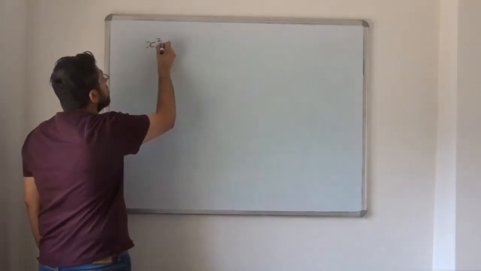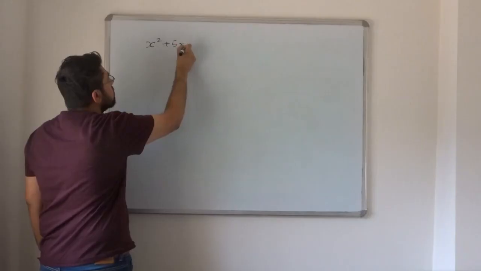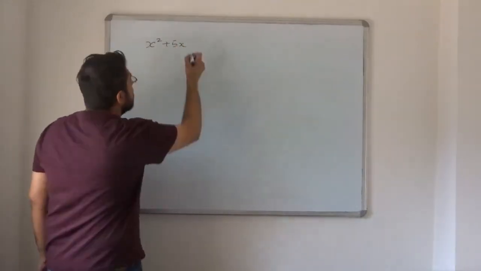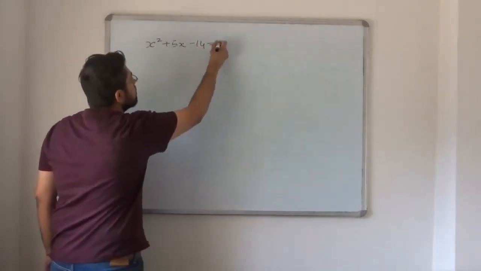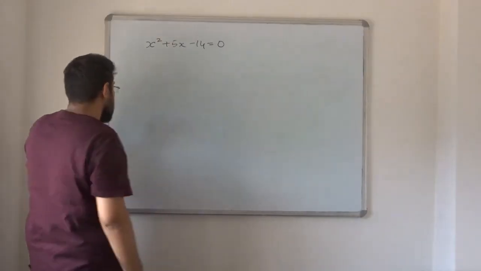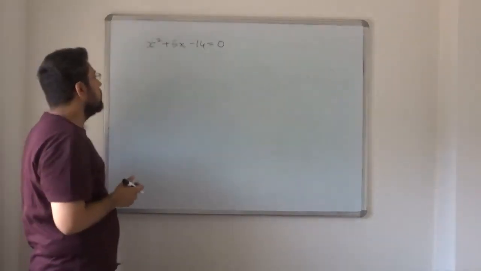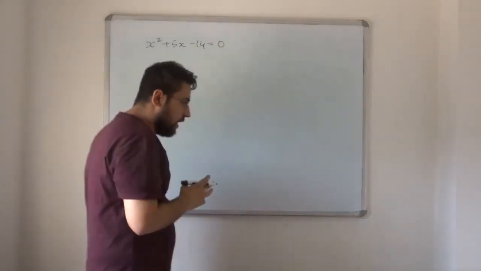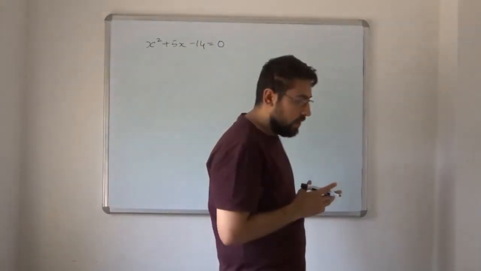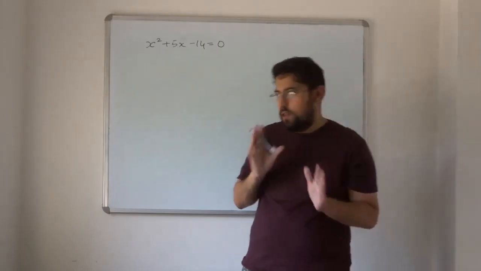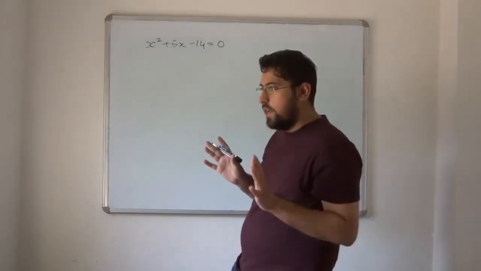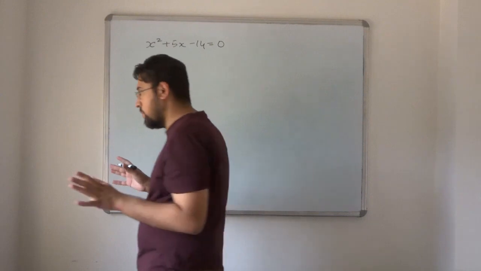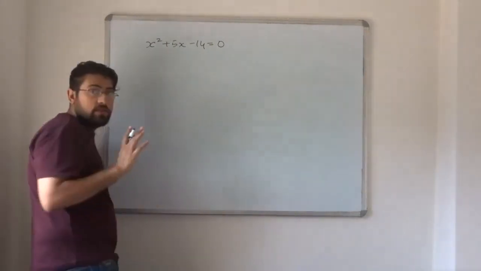So x squared plus 5x minus 14. Okay, so how will you do this now? Just try by yourself. I want you to try a little bit by yourself and then we'll do it together.